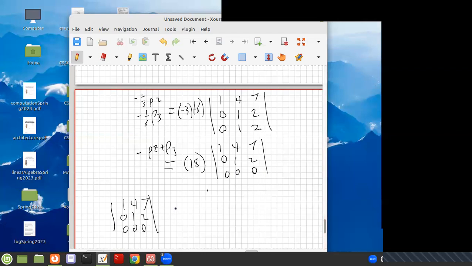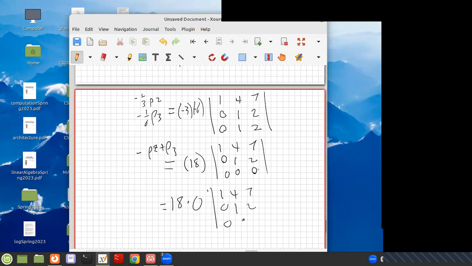We're going to factor out a 0 from this row. So this is going to be equal to 18 times 0 times the matrix 1, 4, 7, 0, 1, 2, 0, 0, 0, which equals some number times 0, which is 0.